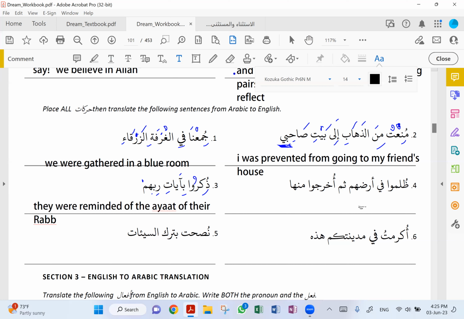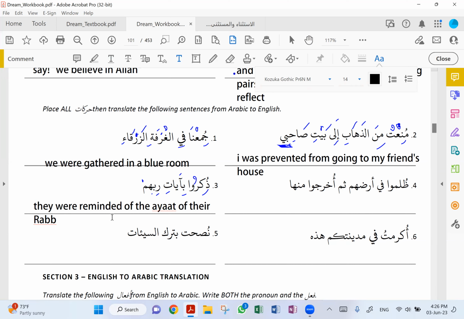Okay, number 4. Any questions so far? Zukiru also comes with the ba. Yes, I think, yeah. A quick question on number 3. The workbook has a shadda on the kaf. Would it make a difference?